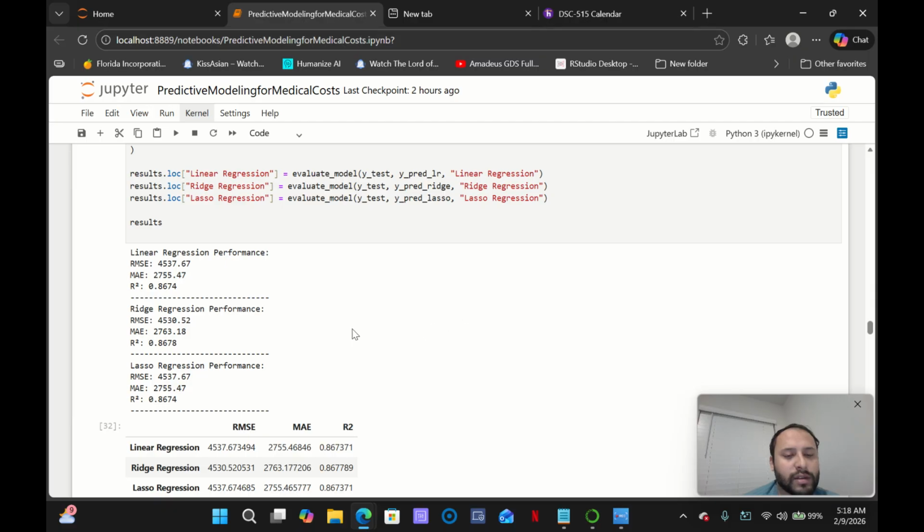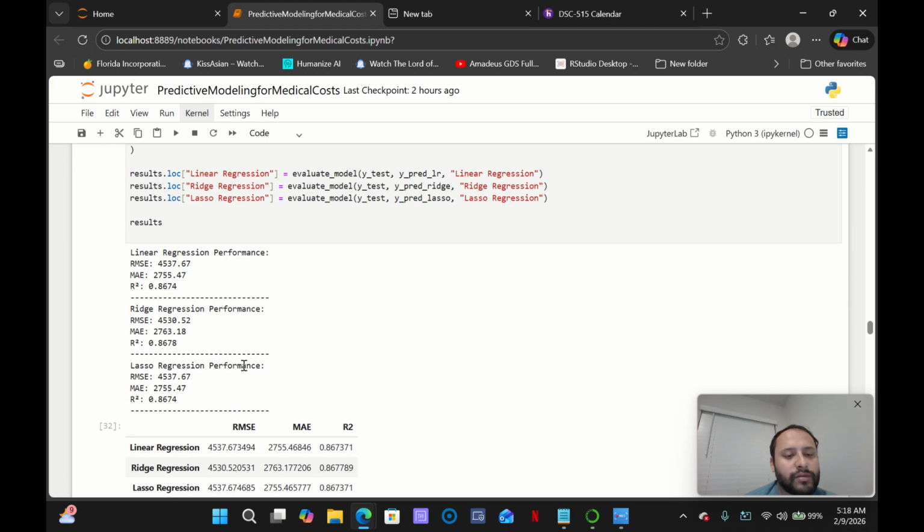Here we can see that linear regression explains about 86.7% of the variance in insurance charges, with an average error of around 5755. Ridge regression slightly reduced the RMSE compared to linear regression, and performance is almost identical, indicating minimal multicollinearity.